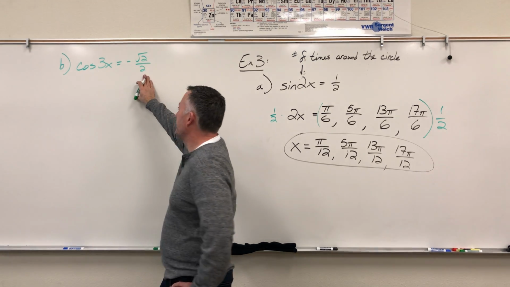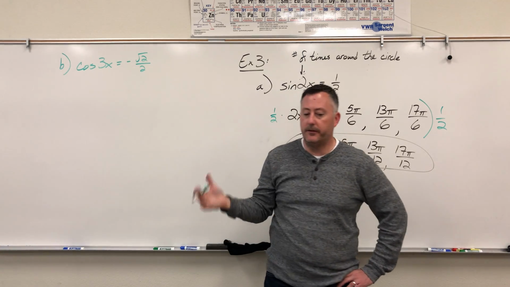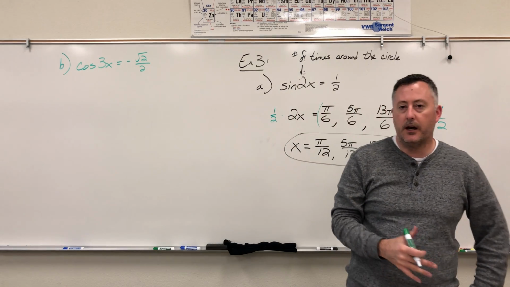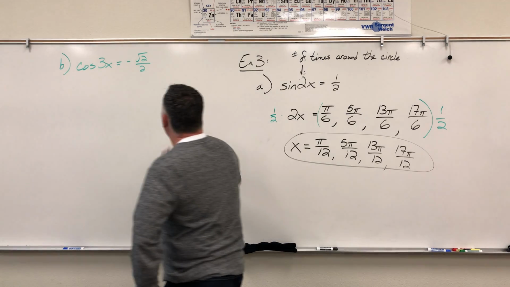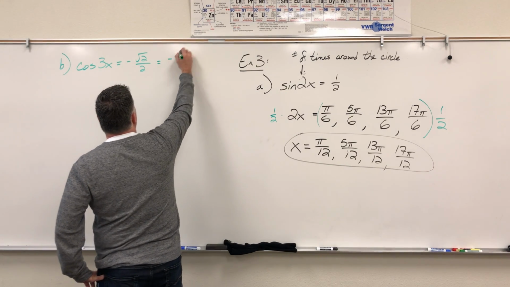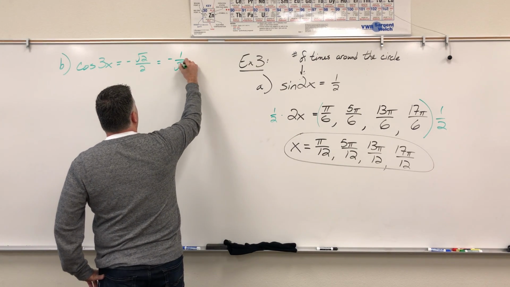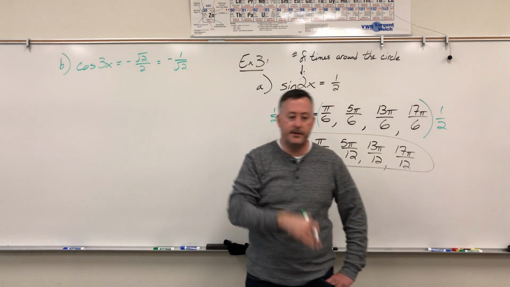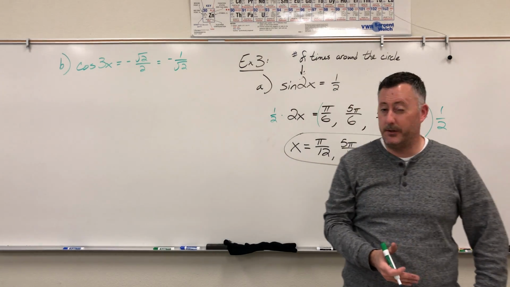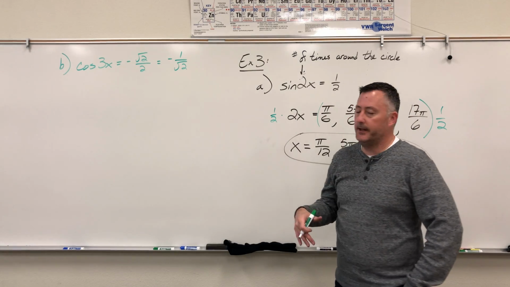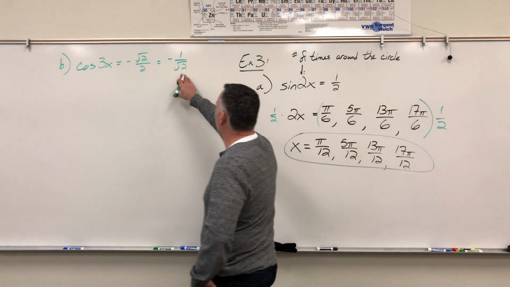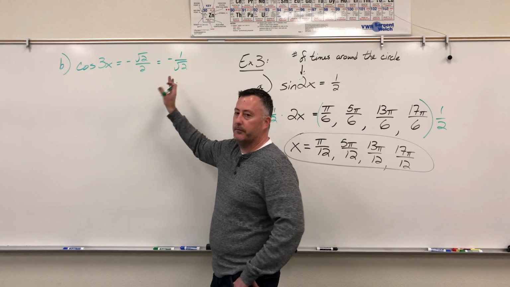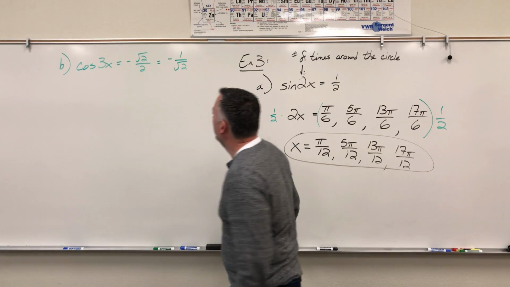The negative root 2 over 2, you can write in a different way that matches up to your unit circle, because this isn't really a point on the unit circle, nor is it one of the sides for SOHCAHTOA. So you can unrationalize it and go with this if you need to. You don't have to, but it's there if you need it.